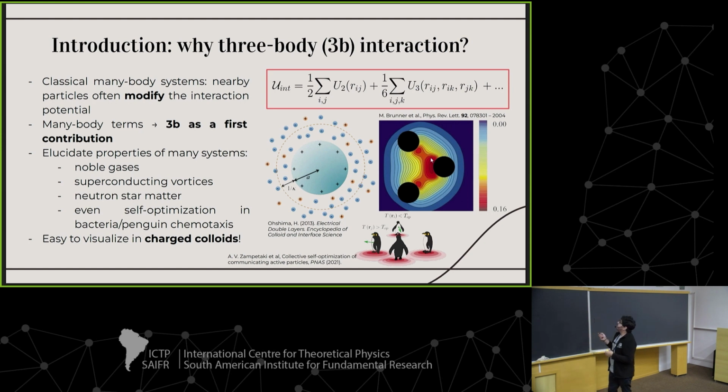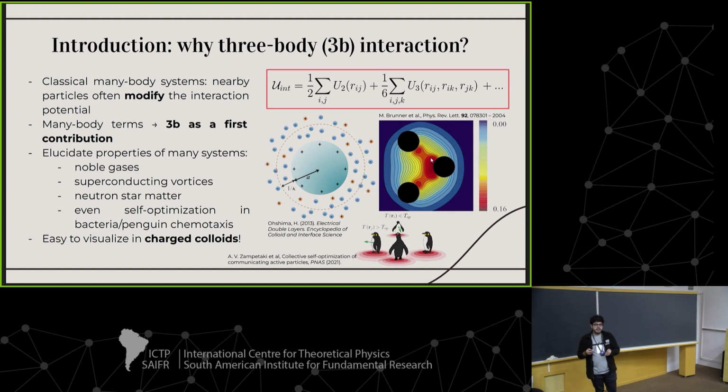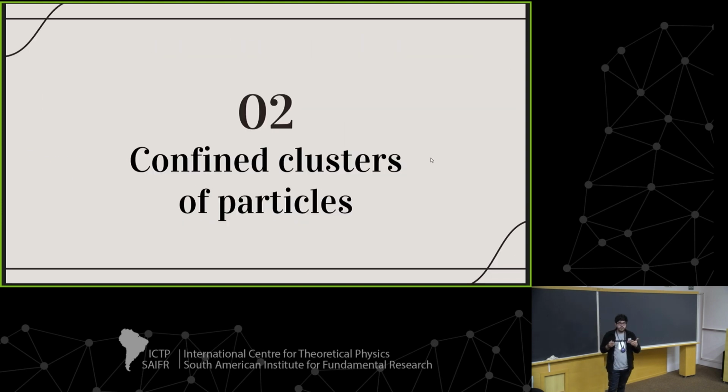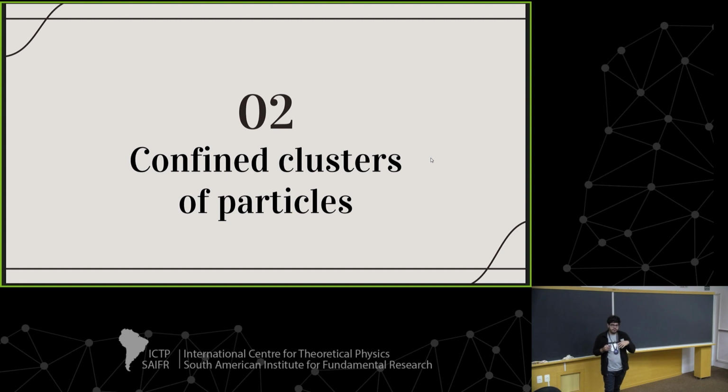So a third nearby charged colloid gives rise to a three-body term, an attractive three-body term in this system. Usually they repel each other via the Yukawa potential, but it is directly measured that there are three-body attractive interactions in these suspensions.